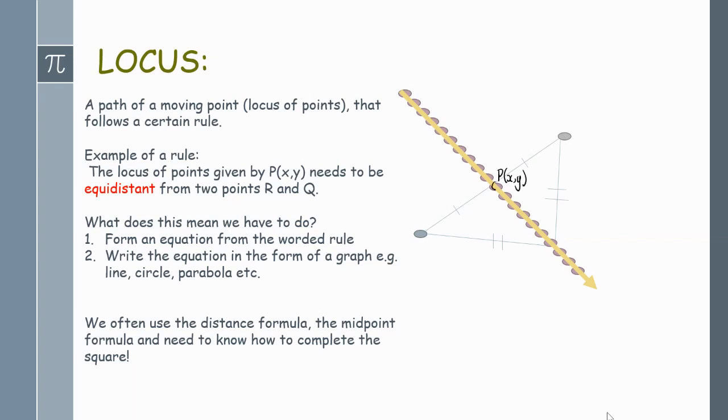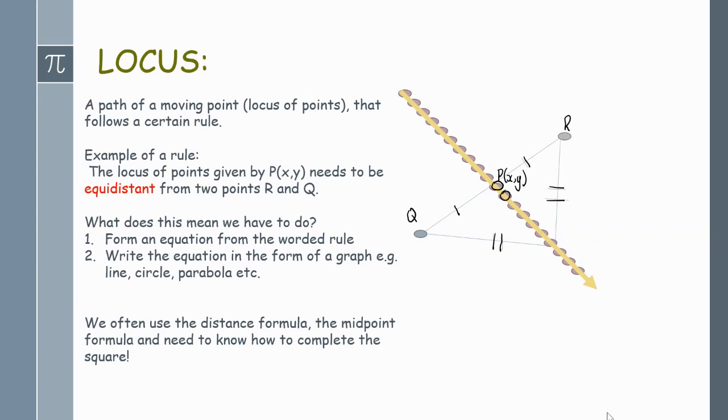This is my point P(x, y) that is moving in the direction such that if it follows this line, the point will be equal in distance from R and from Q. So the distance PR and the distance PQ will be equal no matter where that point moves along the line.